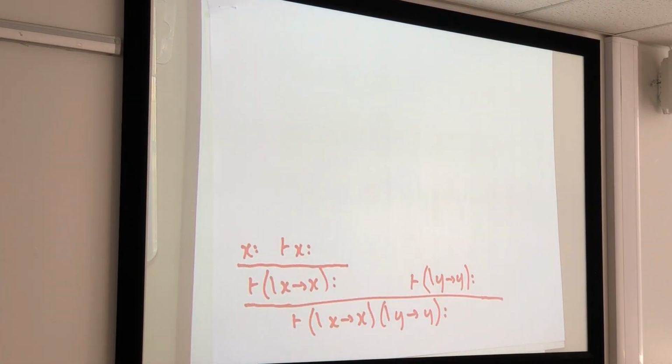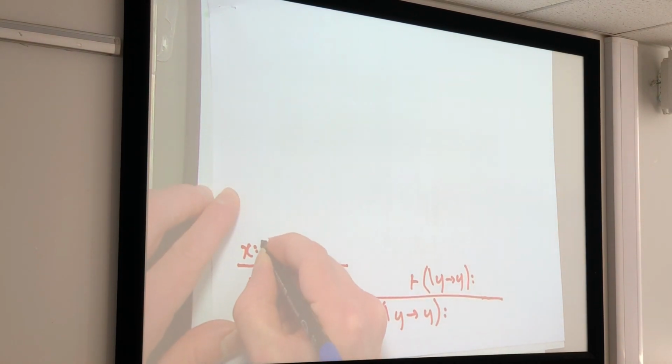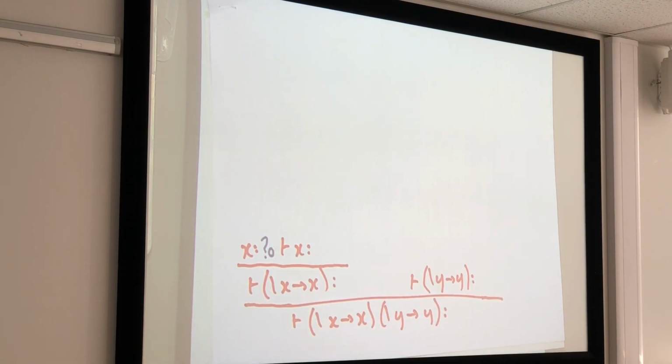So we don't know what type to give X, so we'll just make up a variable that stands for that, which I'm calling question mark 0. So our syntax of types now has been extended with these variables in it that just stand for things we haven't figured out yet. Okay.